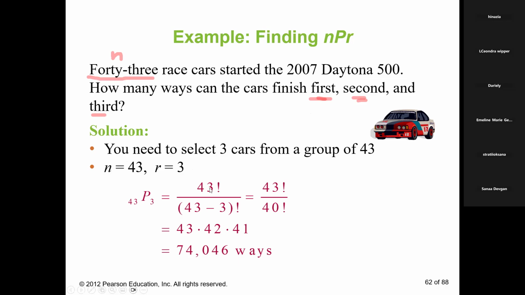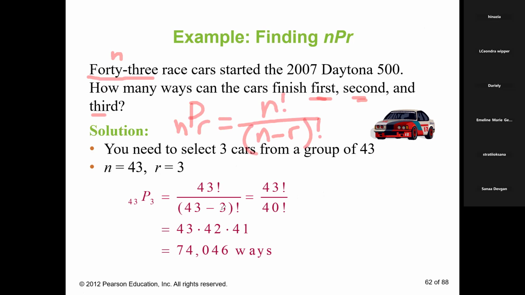So that's 43 factorial over. Remember the formula I gave you: NPR is N factorial over N minus R factorial. Replace N with 43 and R with 3.